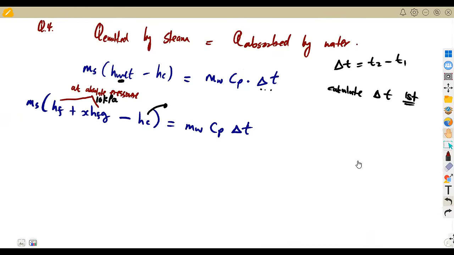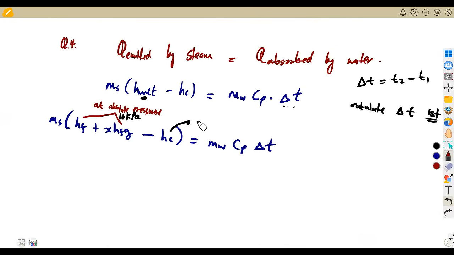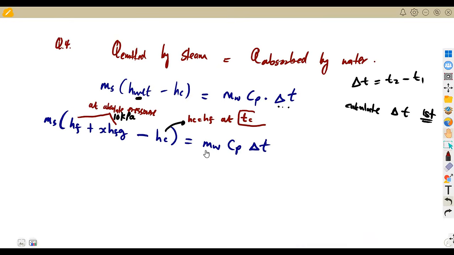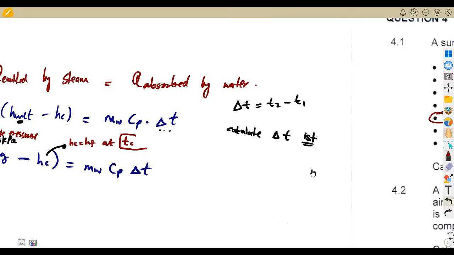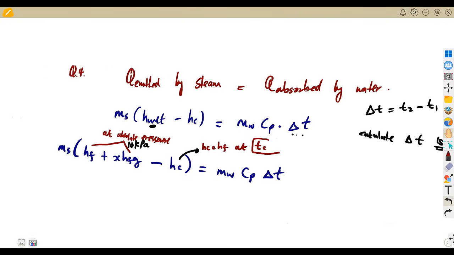So this HC is equal to HF at TC, whereby our TC for the condensate here is 29 degrees Celsius. So you need the value of HF there, and you're going to need our steam tables again.